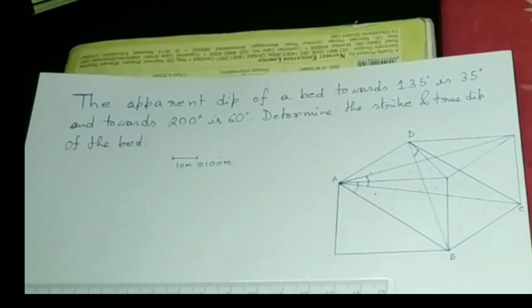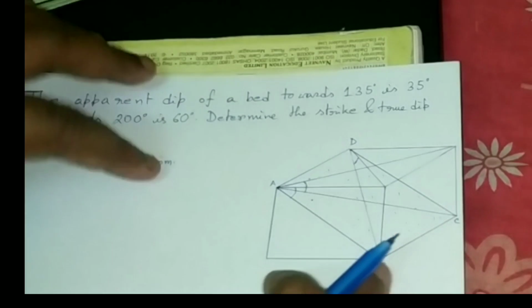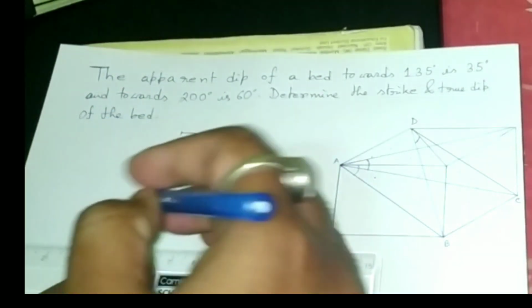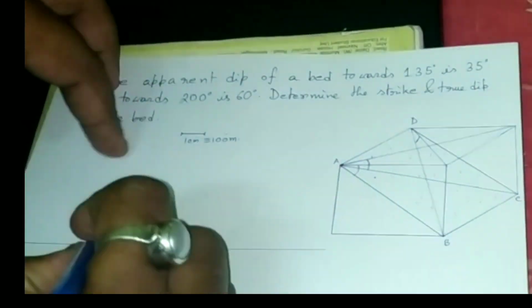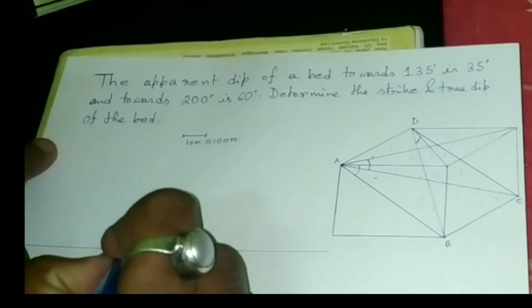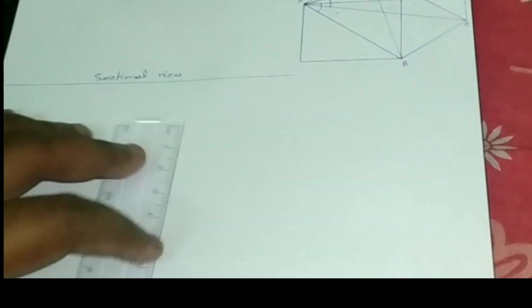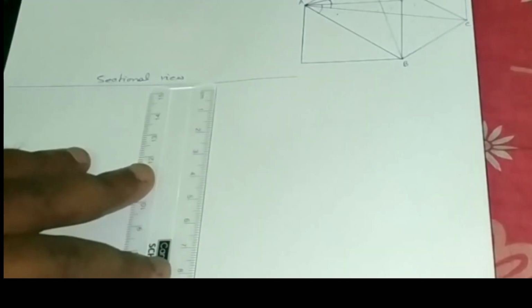So in this part we will be constructing all the sections, and below we will be constructing the plan view. So this part will be sectional view, and below the whole page will be used for plan view. So in plan we need to mark the north south and east west.